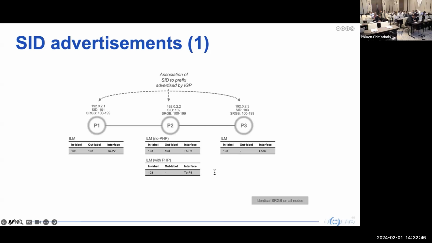When we configure the same label range, then we can use an absolute value here. So we can say that for P3, 103, for P2, 102, for P1, 101. No matter which router, it will always use the same label for forwarding to P3. That's why if you capture the packet, you will see that when the packet traverses hop by hop, the label is not changed. It will always be 103, 103, 103 until arriving at P3.